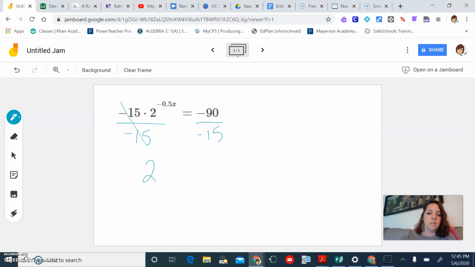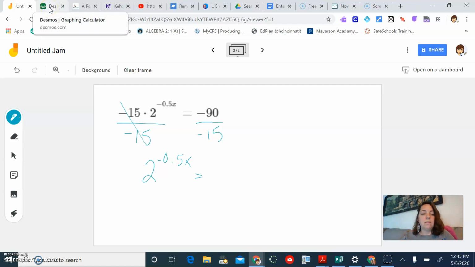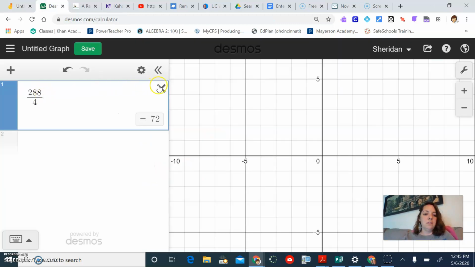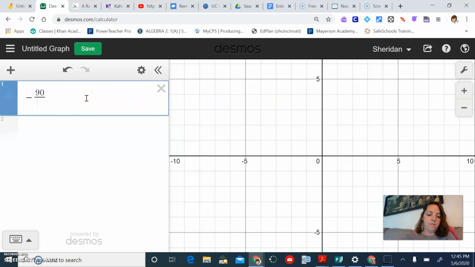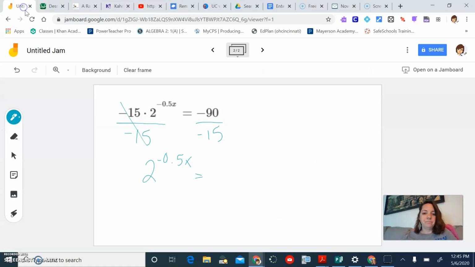So we have 2 to the negative 0.5x equals, and then we have -90 divided by 15. I think it's going to be 6. Let's find out. -90 divided by 15. Yeah, I did it again. Could divide. So -6.